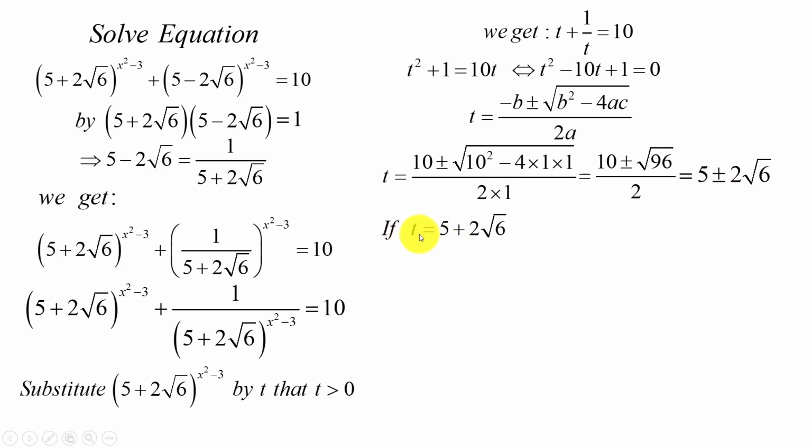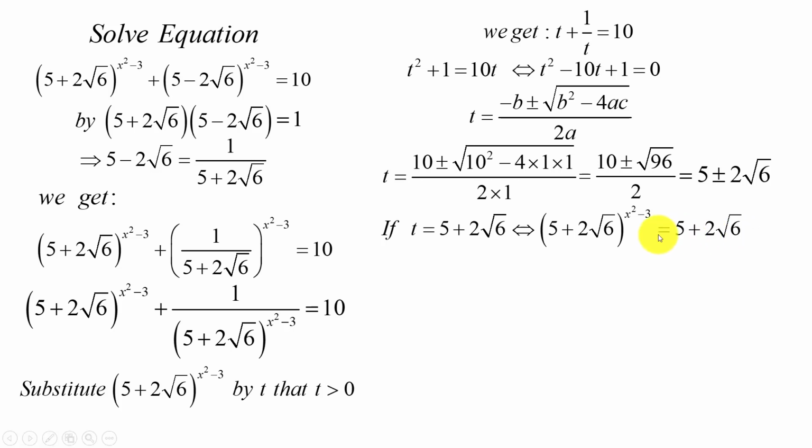Okay, now if t is equal to 5 plus 2 square root 6, then we know that t equals (5 plus 2 square root 6) all power x squared minus 3. So we get (5 plus 2 square root 6) all power x squared minus 3 is equal to 5 plus 2 square root 6.